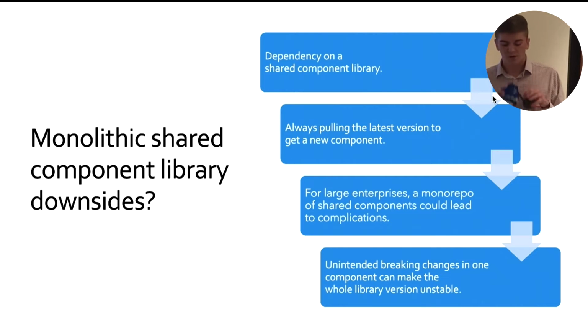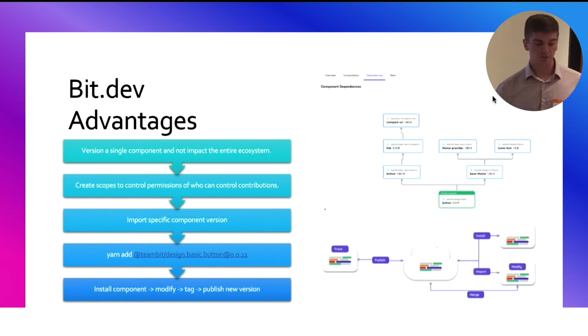So how can we solve this? One of the things that Bit.dev does is it has versioning on the component level. Versioning a singular component will not impact the whole ecosystem.